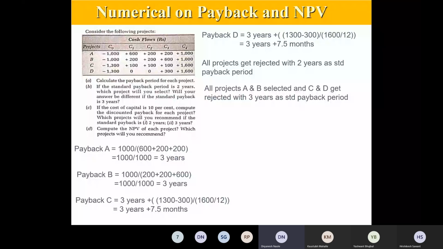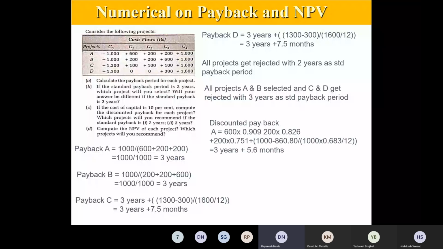Say project A discounted payback: 600 is the amount which we are receiving at the end of the first year in project A. When we discount it at 10%, the formula is 600 divided by 1 plus R. So 1 upon 1.1 is nothing but 0.909. This 0.909 you need to take from the present value table of lump sum.